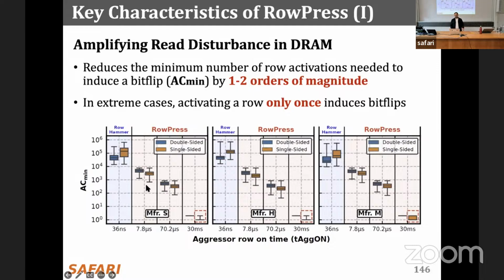There's also an extended refresh mode in modern DRAM chips where you can postpone refresh operations 9 times. So you can practically keep a row open for 70 microseconds in between 2 refresh commands. And it results in a few hundreds of activations to induce the first bit flip. So it's quite a significant reduction in a very practical way.